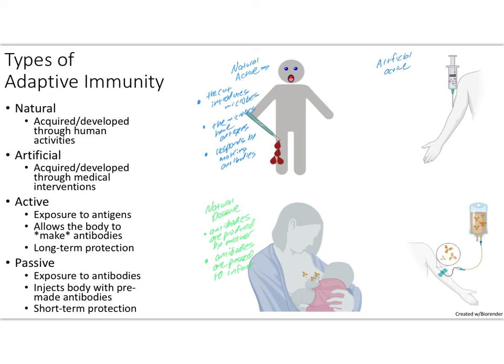The most common type of procedure that would be used to have someone develop artificial active immunity is something like vaccination. So in vaccination, we give someone an antigen from a microbe. And as a result of that antigen being introduced, the body responds by producing antibodies.